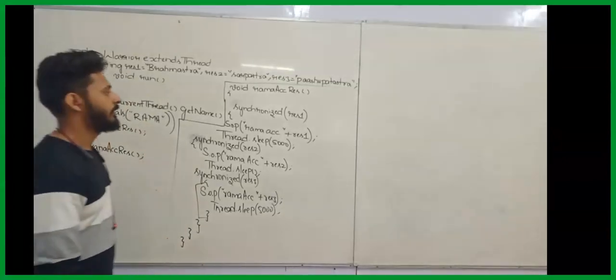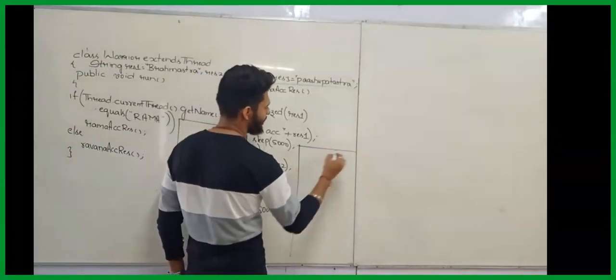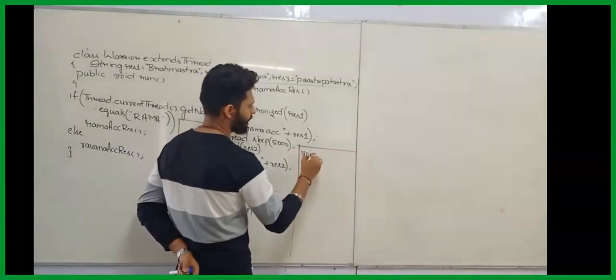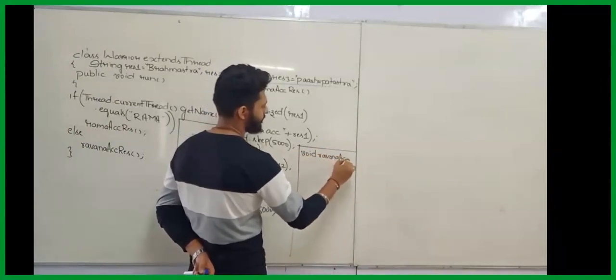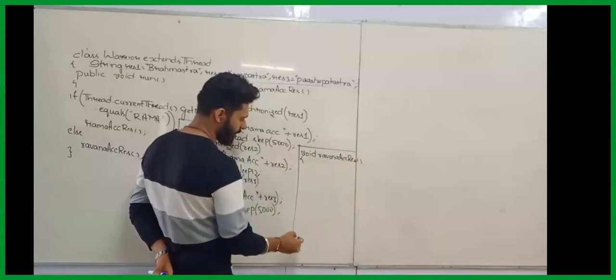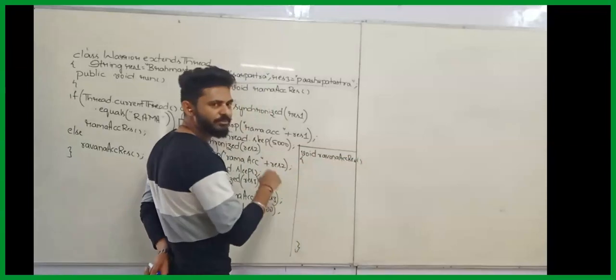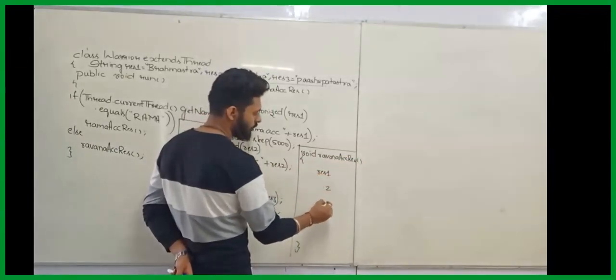Next what? Side by side, I should also have one more method, which is void Ravana acquired resource. Am I right? Inside this, how will he access? Same to same. Everything is same. He will try to access resource 1, 2, 3.